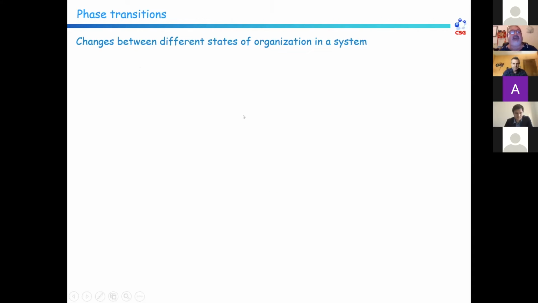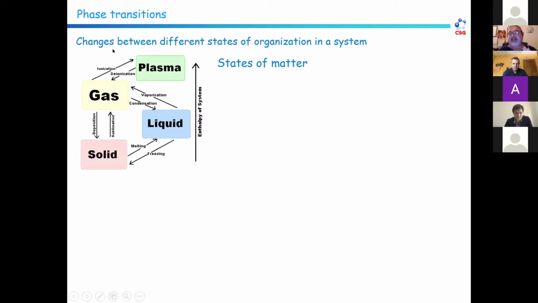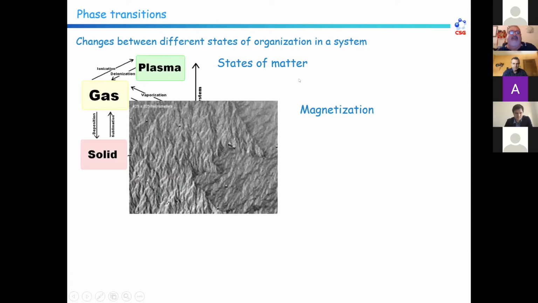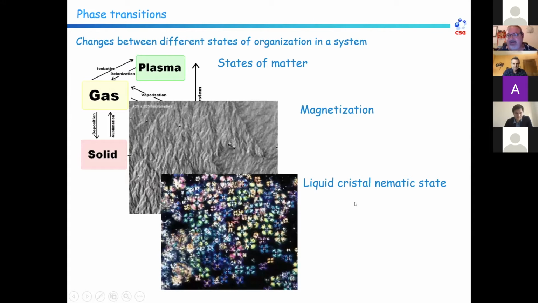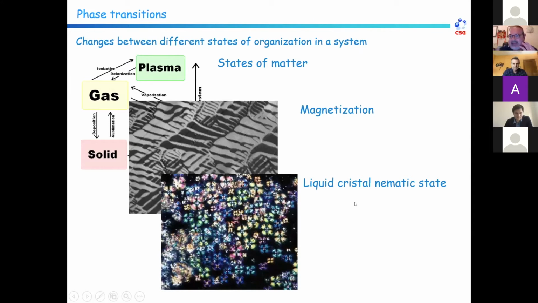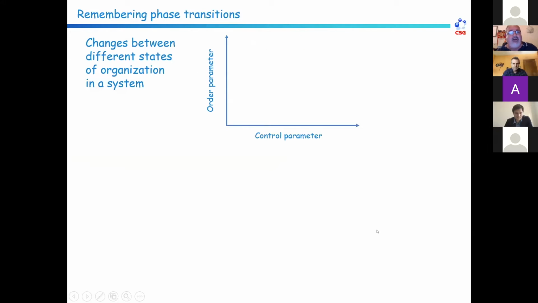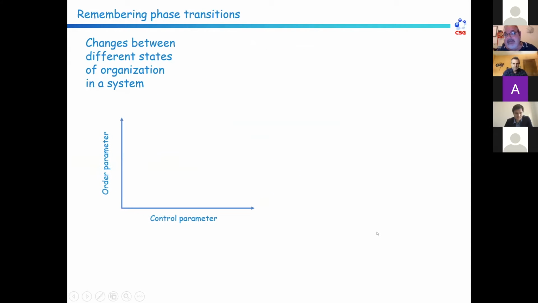In particular, in physics you are dealing with phase transitions, which means that a given system changes between two states. In our case, it's incoherence and synchronization. But in physics, you have many other examples of a system that is making a transition from one state to another.